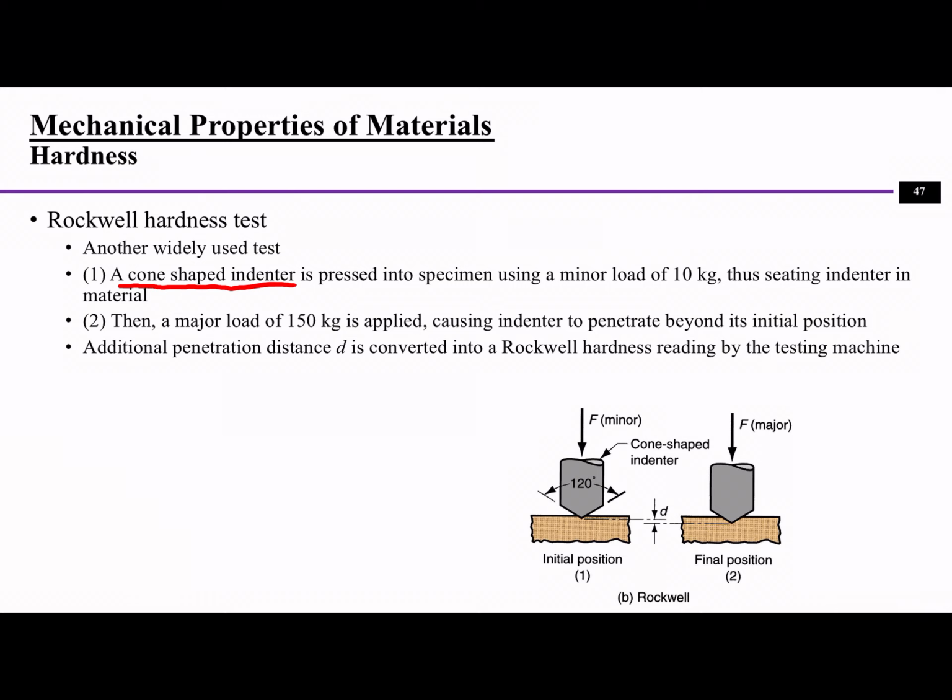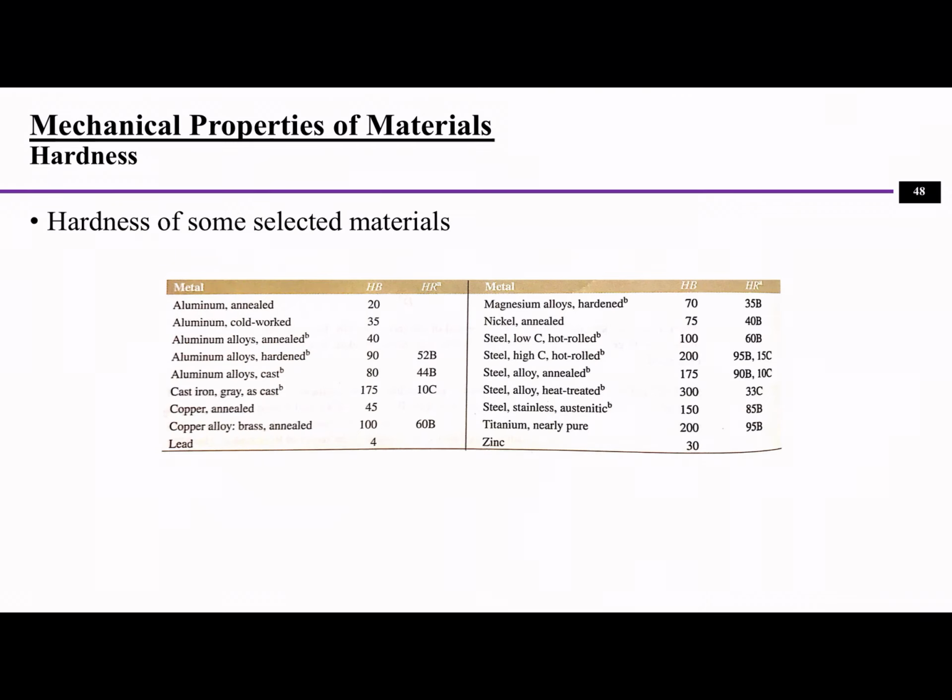And then you give a major load, either 100 kg or 150 kg, and calculate how much it gets into the surface, and then calculate the parameter or the value. You do not need to know the equation for calculating the hardness, but you need to understand the principle and how those hardness tests actually work.